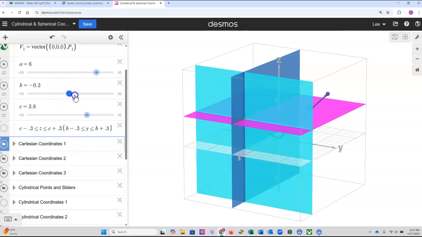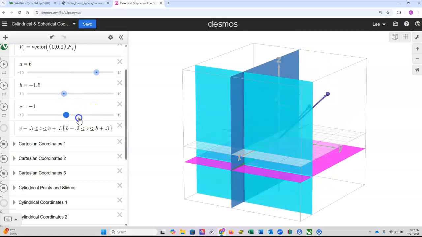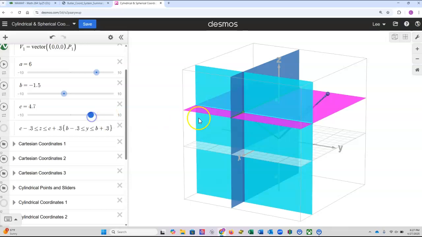So if I just move the B and the C, then I can move in those two directions, but nothing changes on that light blue plane. X holds constant. So that's how things will move. We're going to compare some similar stuff with cylindrical and spherical coordinates in just a minute. But that's the basic movements of Cartesian.